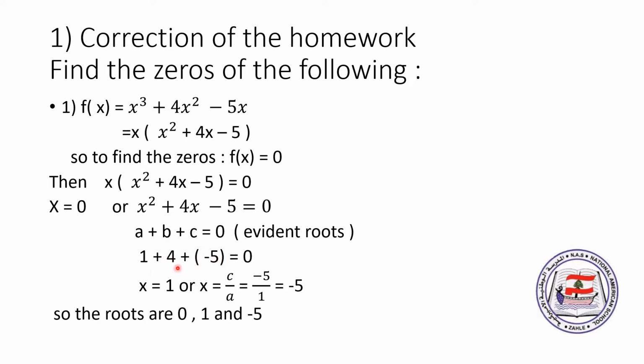So a plus b plus c is equal to 0. We have x equal 1 and x equal c over a, which is -5. So finally, the polynomial of third degree admits 3 roots or 3 zeros: 0, -5, and 1.